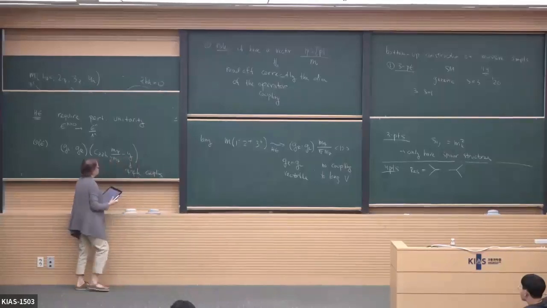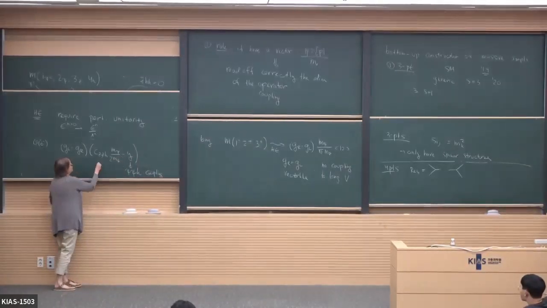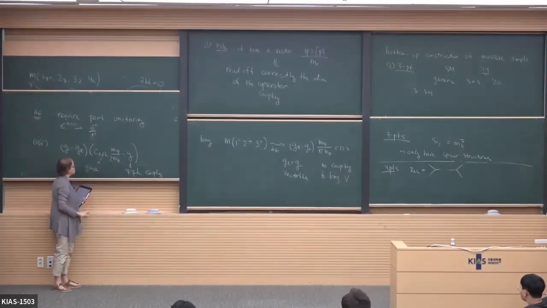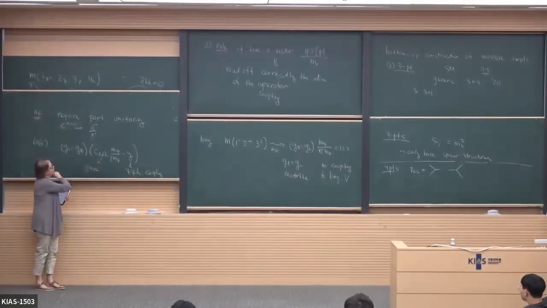So you see that it's the Yukawa, and this is the ZZH coupling. So this is the gauge coupling. Now, this is the coefficient of the term that goes like E.